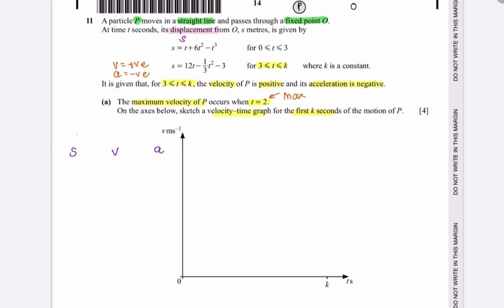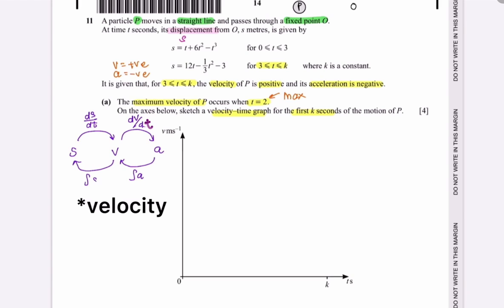If they give you displacement and you want to find velocity, you differentiate displacement over time. If they give you velocity and you want to find acceleration, you differentiate velocity. Going backward, if they give you acceleration and you want to find velocity, you integrate acceleration. And if they give you velocity and you want to find displacement, you integrate velocity.